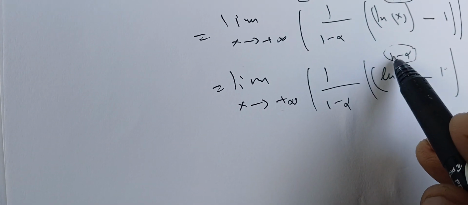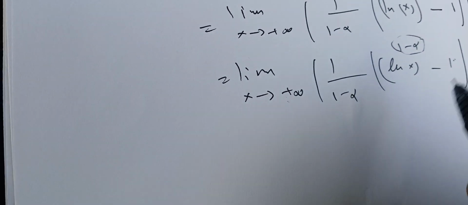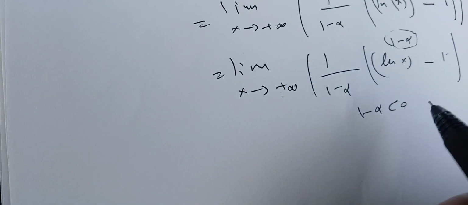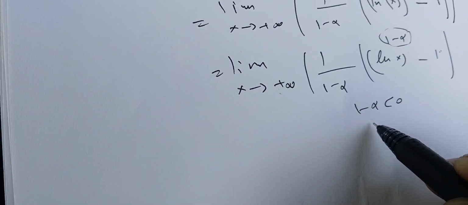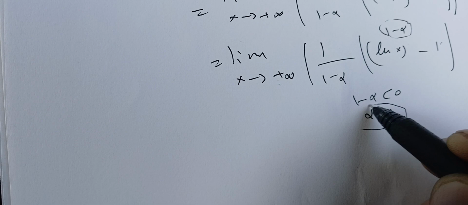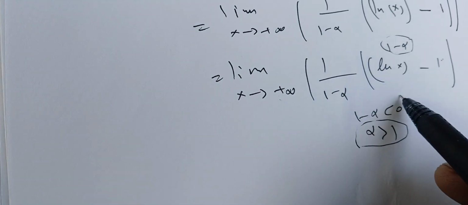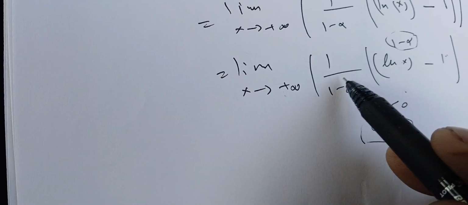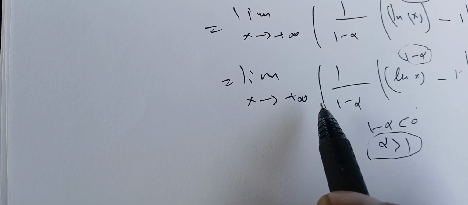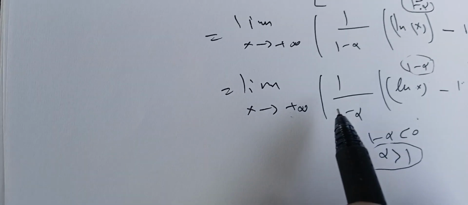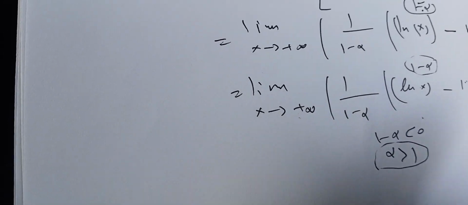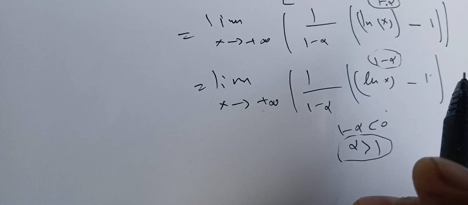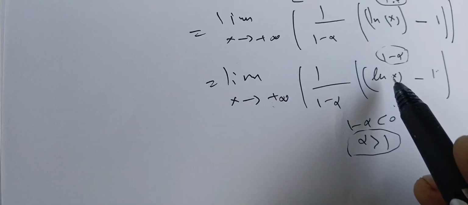But if 1 minus alpha is less than 0, that means alpha is bigger than 1, this one will go down to 0, and the limit will be finite. So my condition is that if alpha is bigger than 1, then this integral is convergent. And this is it.